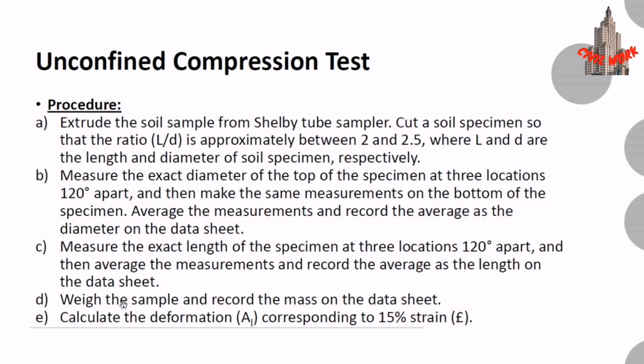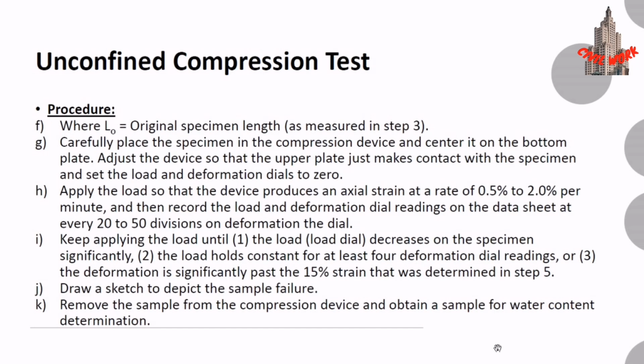Then we weigh the sample and record the mass on the data sheet. Calculate the deformation corresponding to the 15% strain. And these two are the symbols of deformation, and here is the symbol of strain. Then we have to calculate the original specimen length, which will be denoted as L0.